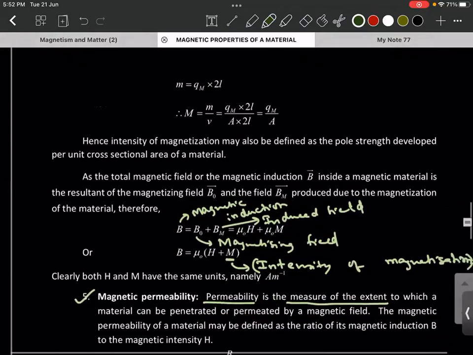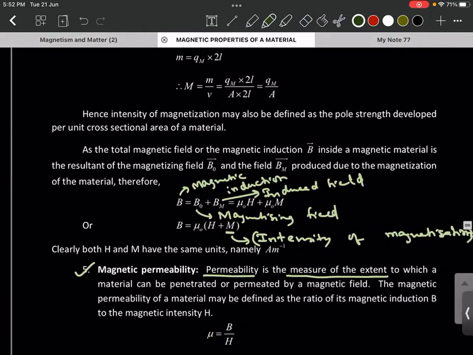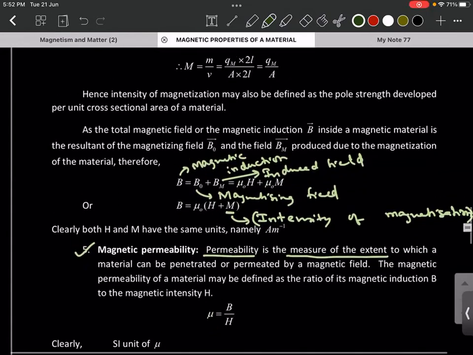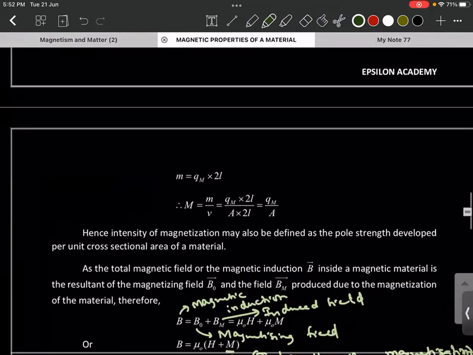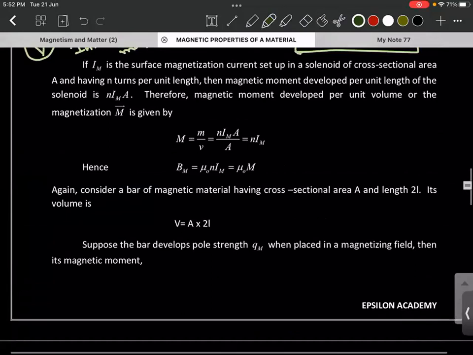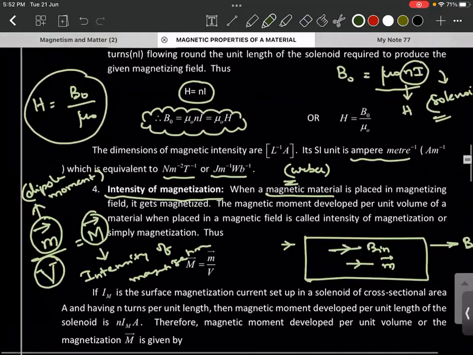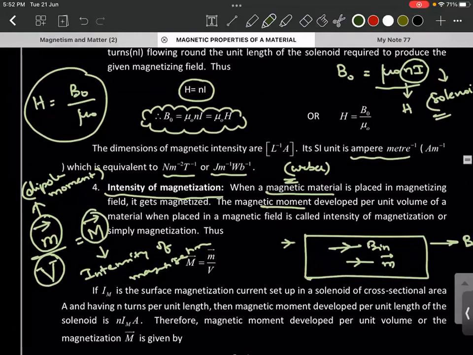I hope I answered your question. Dipole moment per unit volume: the magnetic moment developed per unit volume of a material is called intensity of magnetization, or simply magnetization.